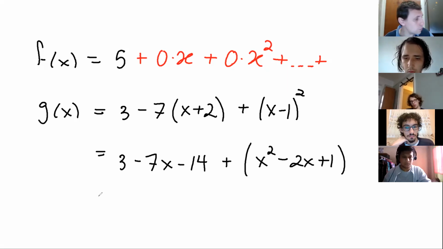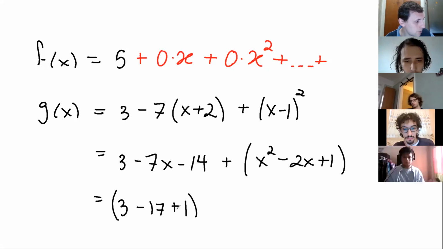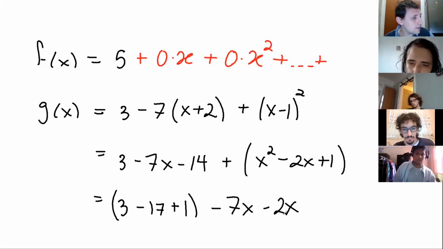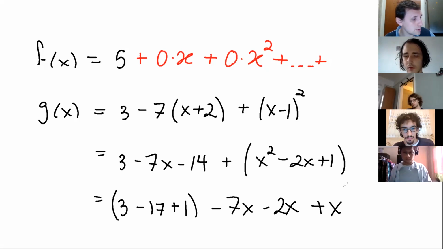And then I can regroup. Look at it, guys. I can group all the constant terms, so 3 minus 14 plus 1. Those are all the constant terms. Minus 7x minus 2x, those are the terms involving x. And then there is only one term involving x squared. So if I simplify it, look what happens here, guys.